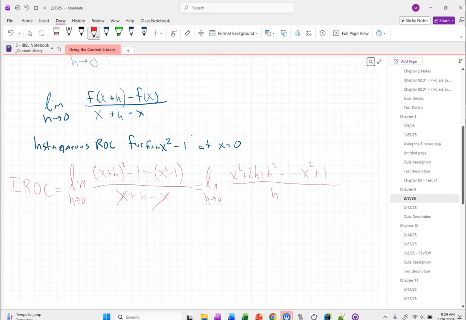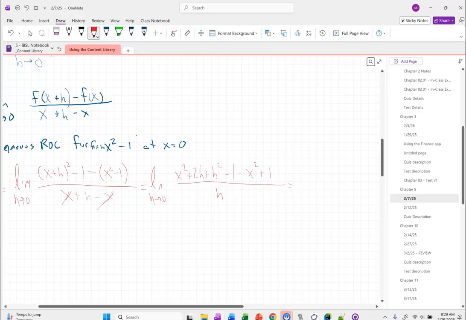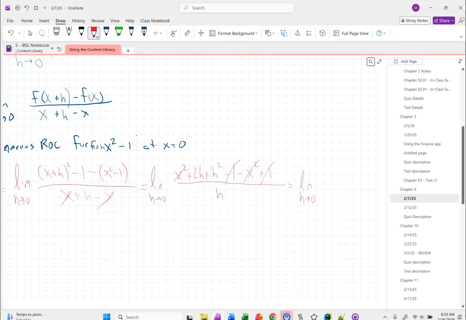Everybody okay with the algebra so far? Just FOILed some stuff out, distributed a negative, found some like terms. So the x squareds combined to give me 0. The -1 and +1 combined to give me 0. So I'm left with 2h plus h squared over h.